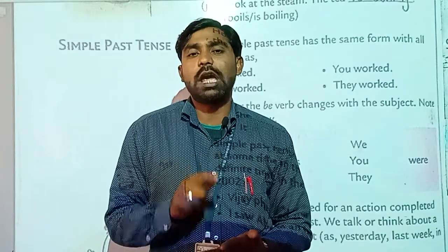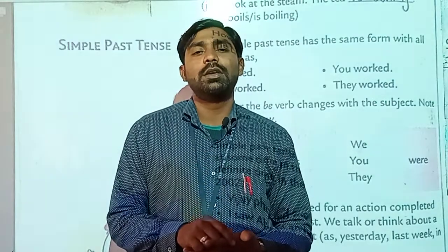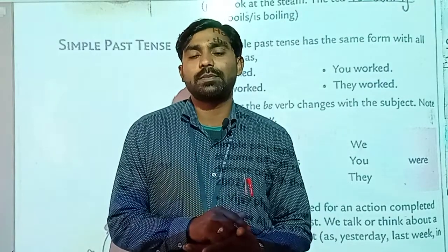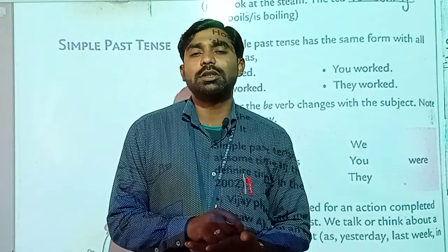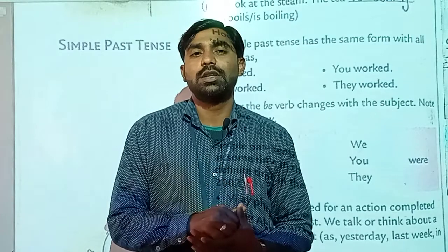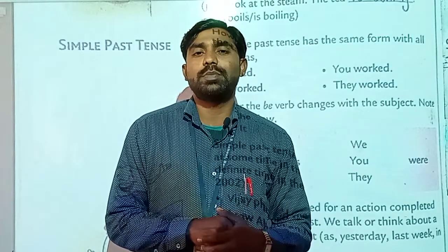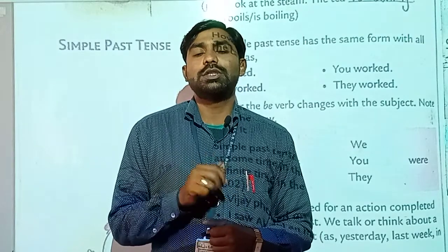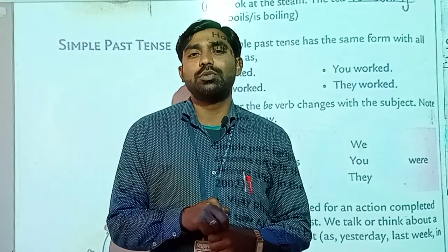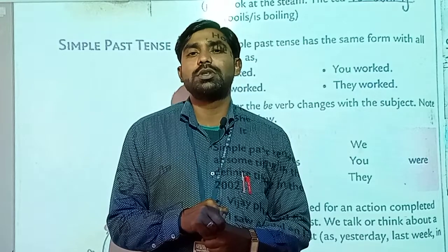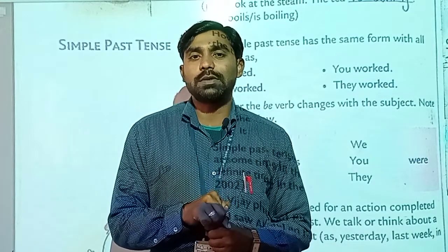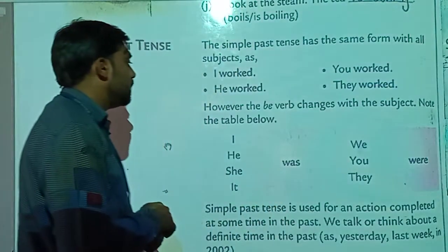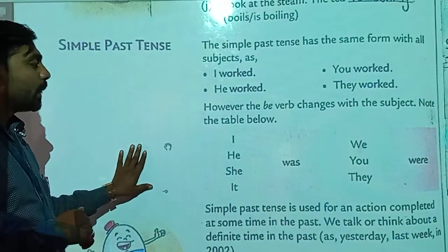We are using am with I. We are using is with singular subjects and are with plural subjects. So here also the to be's past forms are given, was and were. These two forms, was and were, we can use: was with singular and were with plural subjects.